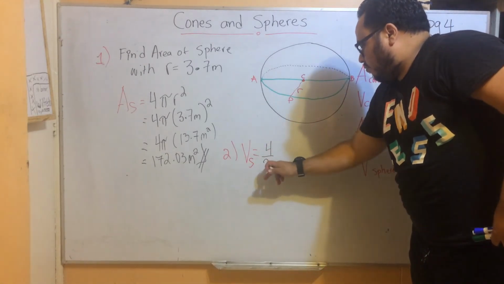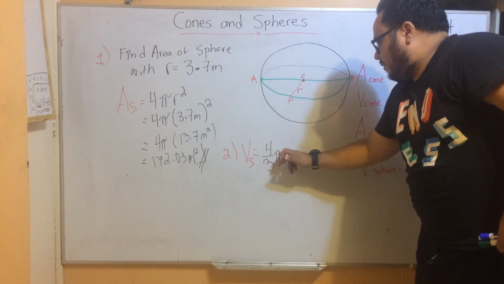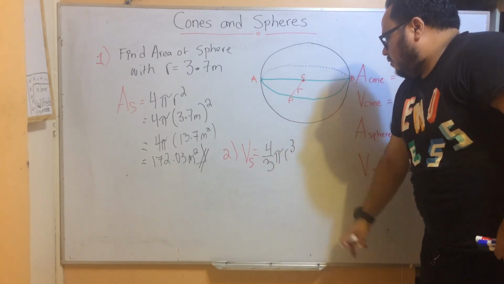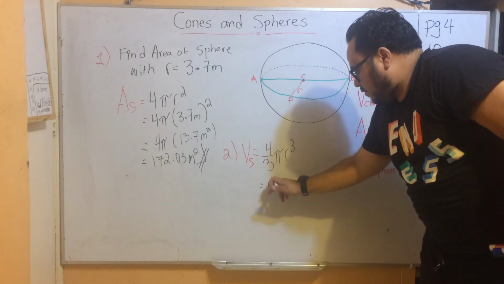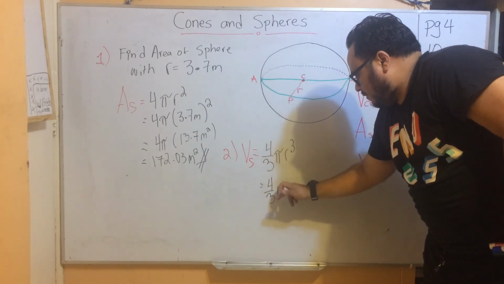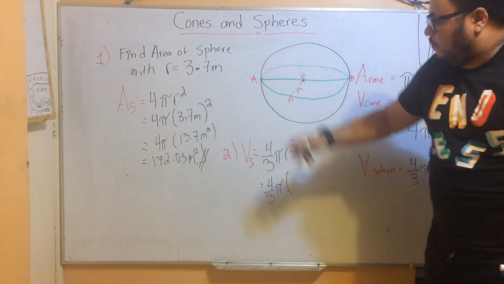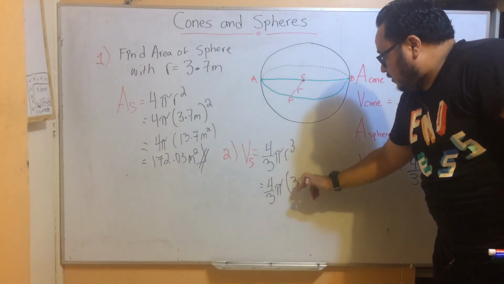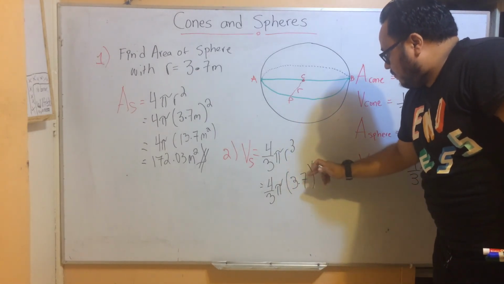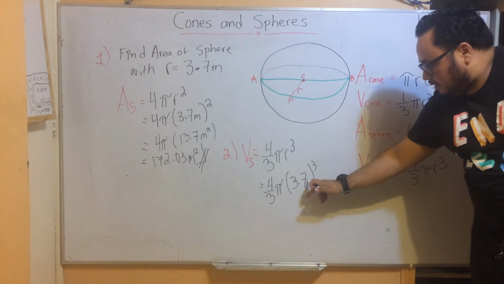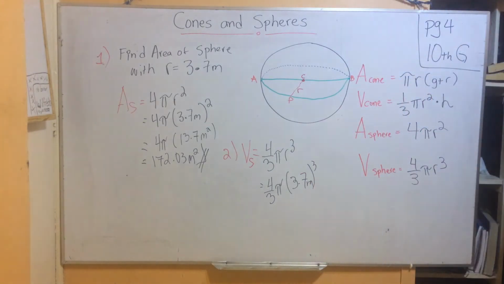So we substitute 3.7, and now it's to the cube. It's always meters, and the units are going to be cubed.